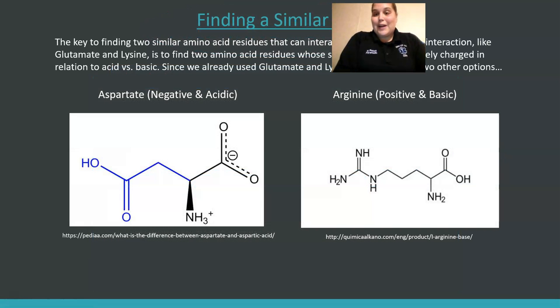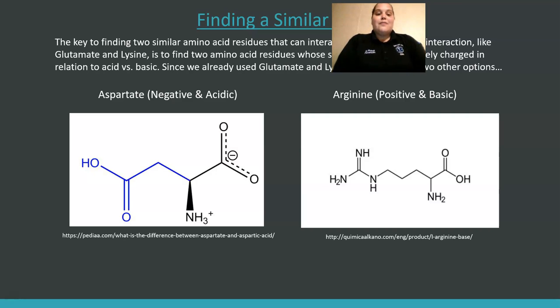Finding a similar pair. The key to finding two similar amino acid residues that can interact via electrostatic interaction like glutamate and lysine do is to find two amino acid residues whose side chains are oppositely charged, acidic versus basic. Since we've already used glutamate and lysine, there are only two other options.